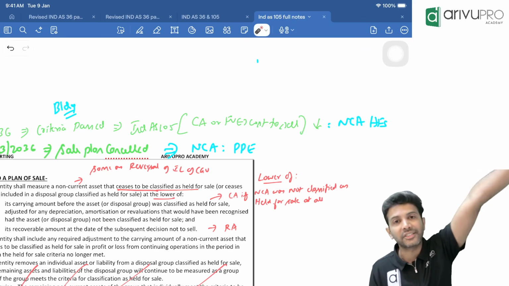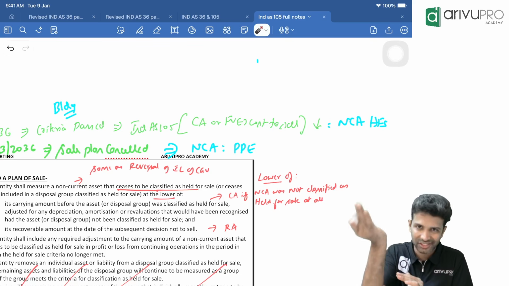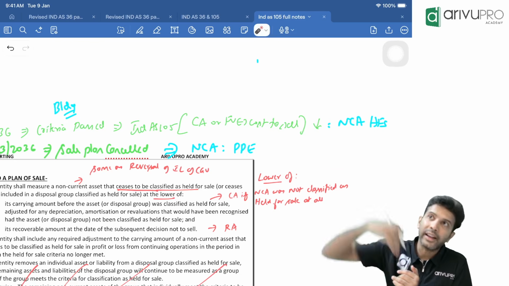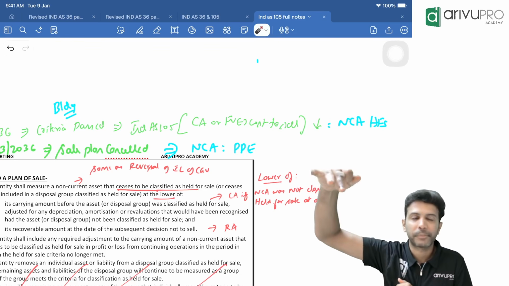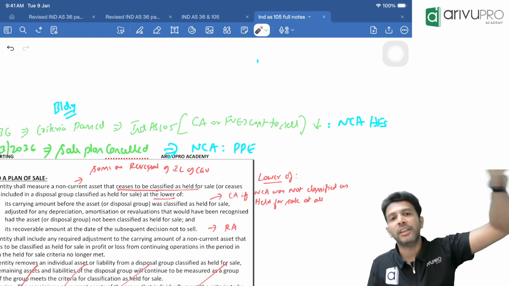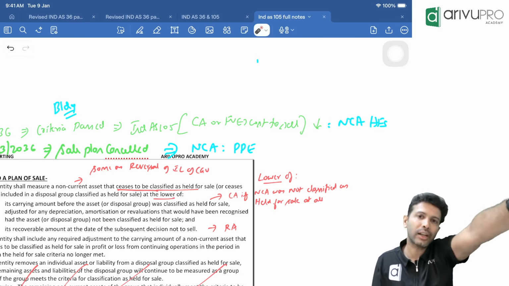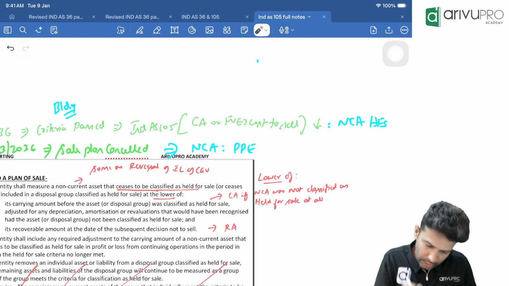If you remember in Ind AS 36, yesterday we discussed, when you reverse impairment loss, the carrying amount will increase, right? Can it increase to any amount or is there an upper limit? Upper limit. For a CGU, there are 2 upper limits. There we said, if impairment loss was not at all accounted, what would be the carrying amount? That or recoverable amount, whichever is lower. Here also the same thing.